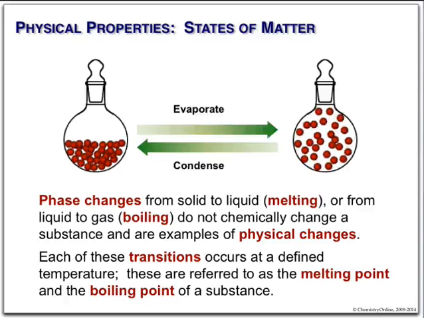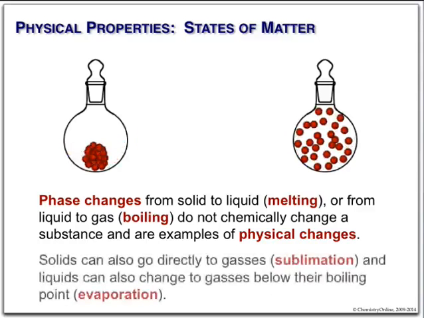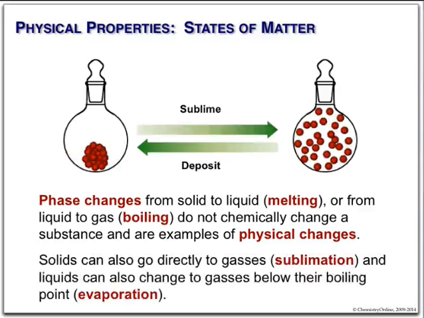Once again, we're quite simply putting in enough energy so that we can move from here to here. That occurs at a given point called the boiling point. You can also go directly from the solid phase into the gas phase. In general chemistry, we talk a lot about phase changes and diagrams, but this is the process of sublimation. You go directly from a solid to a gas without going through a liquid phase.